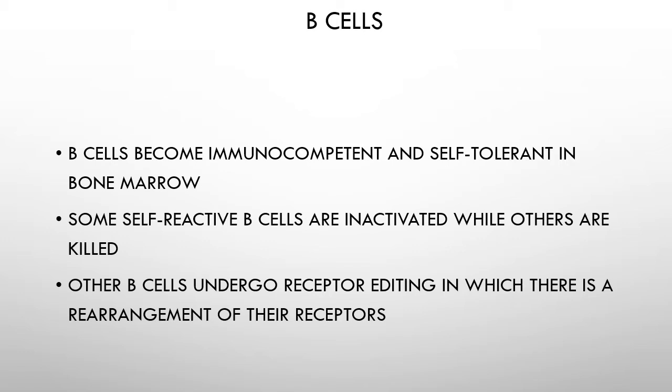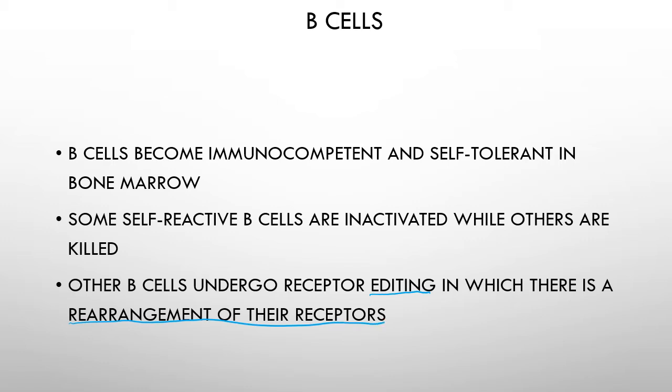But if they happen to be too strongly negatively selected, we have the potential to take the receptor on the surface of the cell and edit it. We change up the proteins a little bit, rearrange the receptor, and retest it.